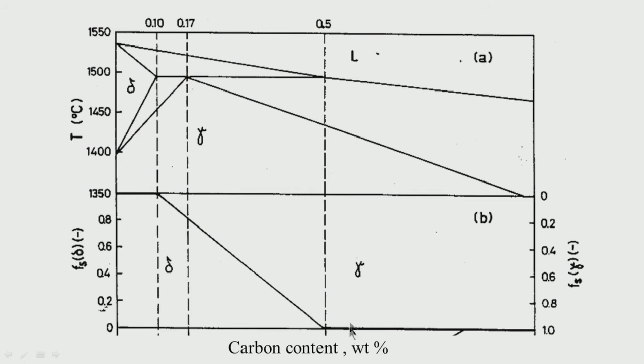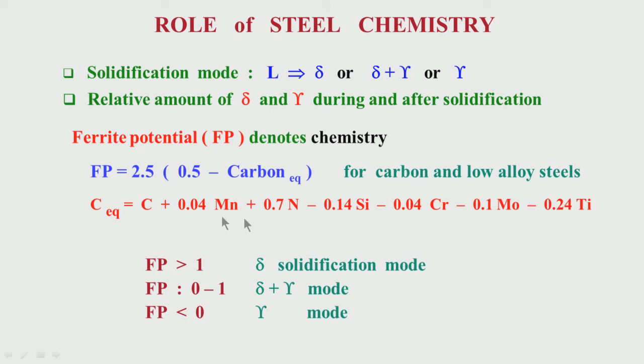When solidification is taking place for any carbon which is more than 0.5, it is 100% gamma. In between, from the lever rule we can find out the relative portions of delta and gamma. As you increase carbon from 0.1 to 0.5, it increases from 0 to 100%. This relative portion has been shown in this figure.